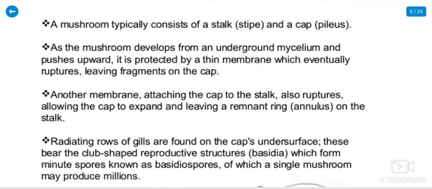Another membrane attaching the cap to the stalk also ruptures, allowing the cap to expand and leaving a remnant ring on the stalk, called the annular ring.